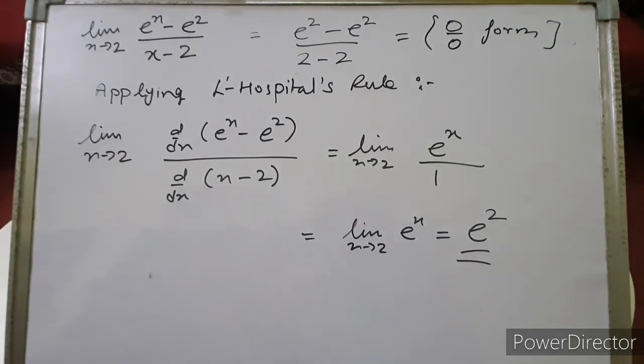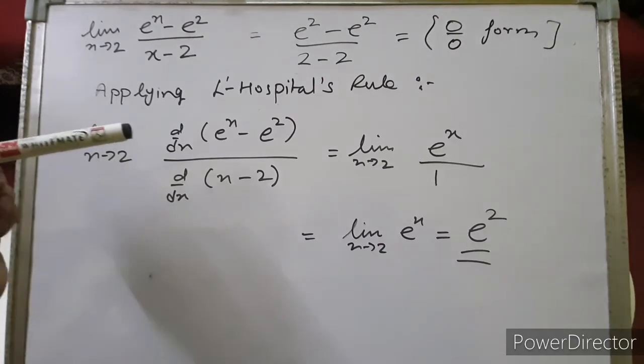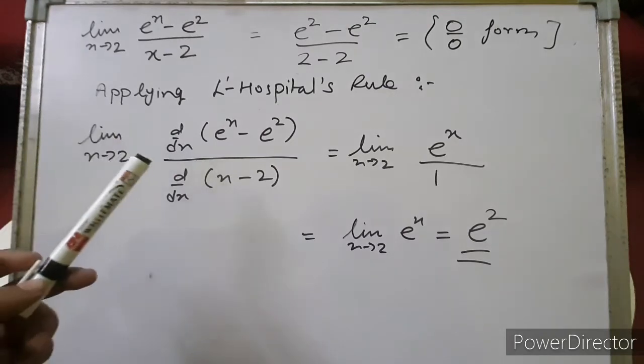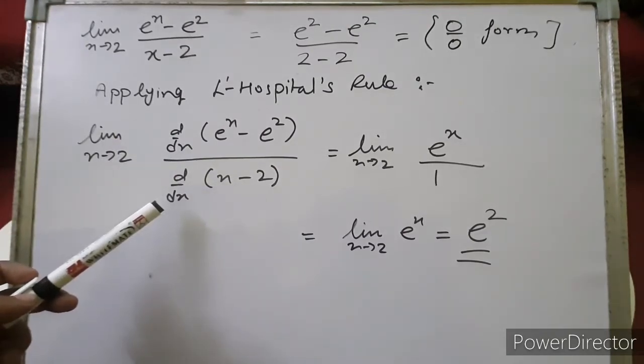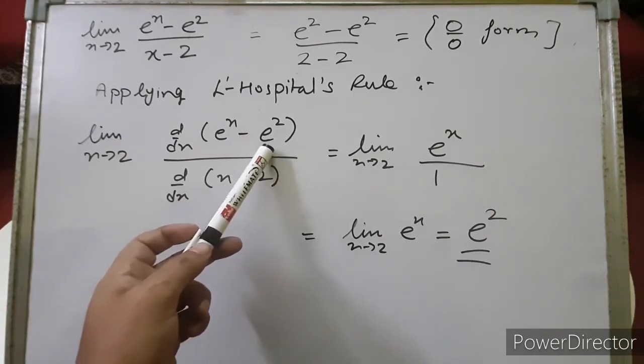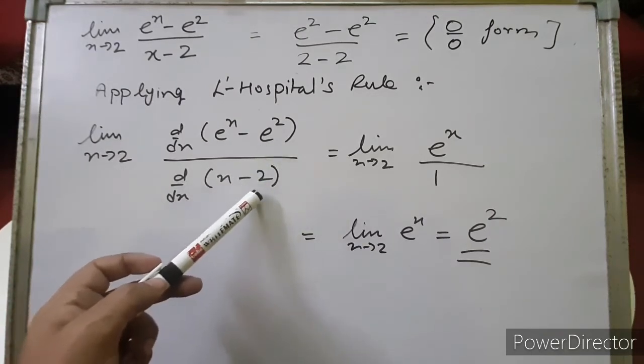So we'll apply L'Hospital rule to find the value of this limit. Applying L'Hospital rule, we'll separately differentiate the numerator as well as the denominator. So it will become limit x tends to 2, d by dx of (e to the power x minus e to the power 2) upon d by dx of (x minus 2). Right? So e to the power 2 is a constant, and d by dx of a constant is 0.